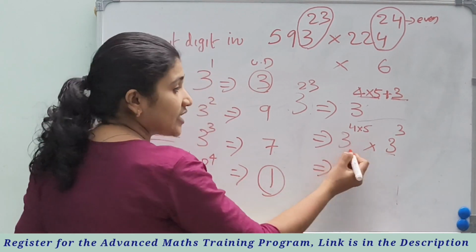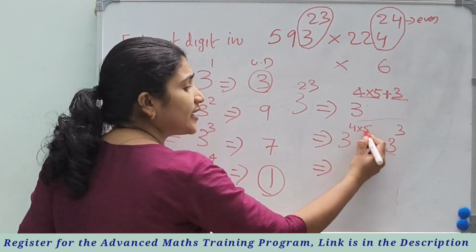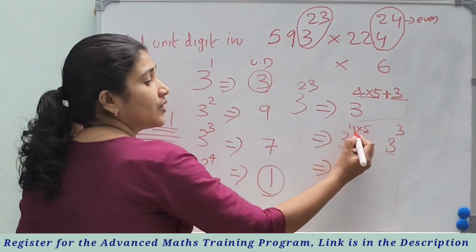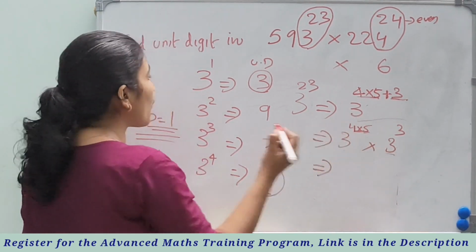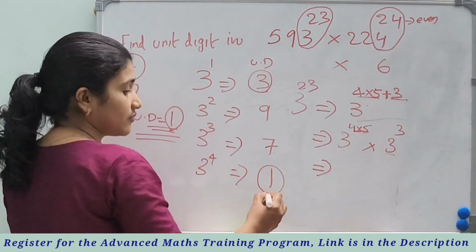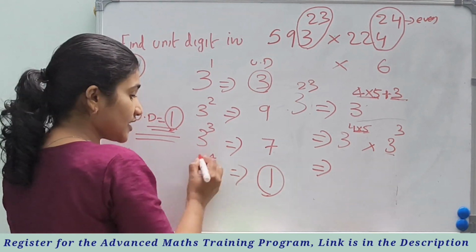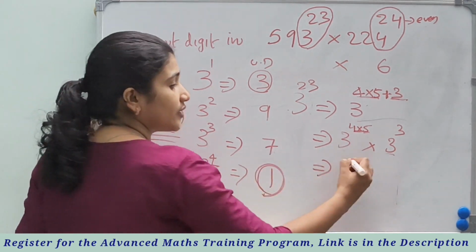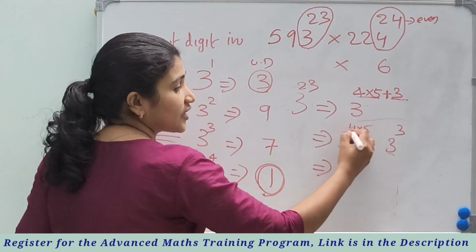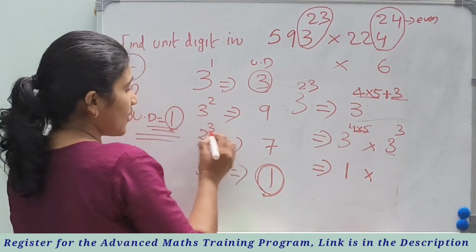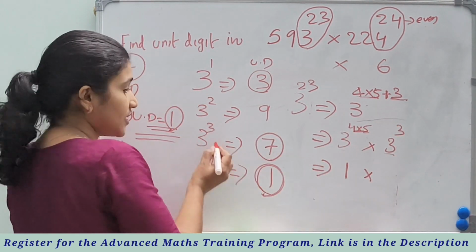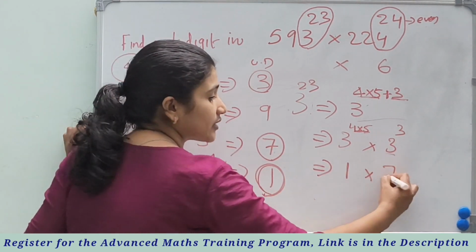Now in 3 raised to 4n, in power we have 4 into any number, which means we have unit digit 1. So 3 raised to 20 unit digit is 1, and in 3 cube we have unit digit 7.